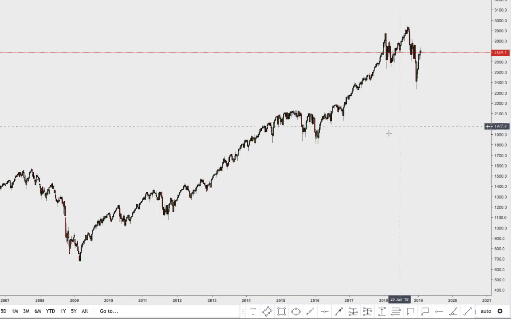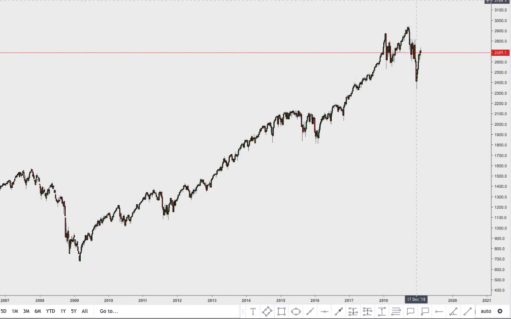But as long as this market continues to make higher highs and higher lows, then we're good to the upside. Once we come into a scenario where we're making equal highs and lower lows, that simply says to me that this uptrend is in jeopardy.